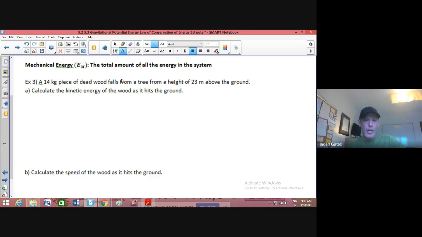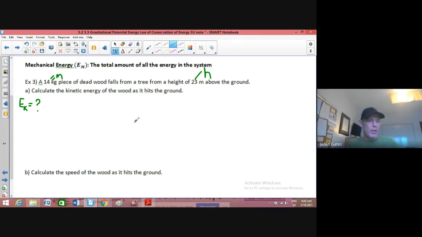Now in this situation, we want to calculate our kinetic energy when it hits the ground. We know the mass of the object is 14 kilograms. There's our m. All right, our initial height here is 23 meters.